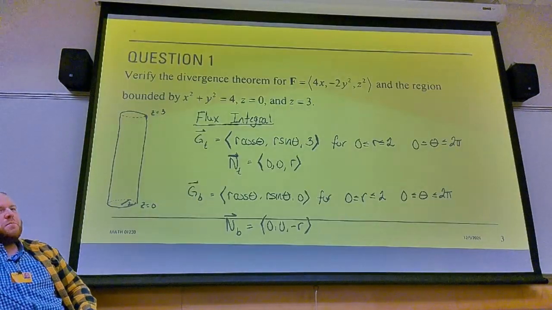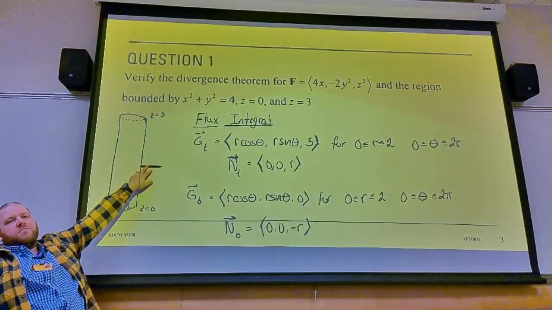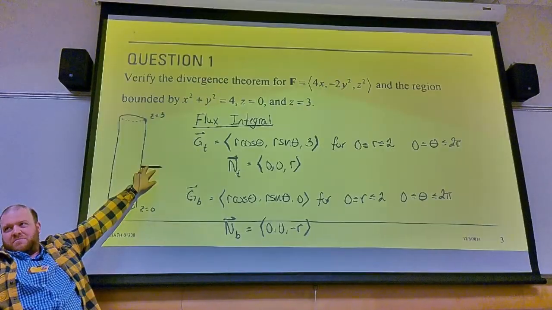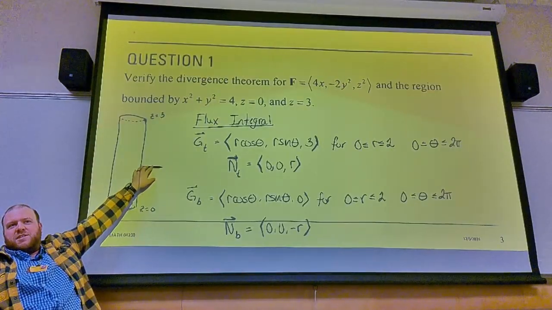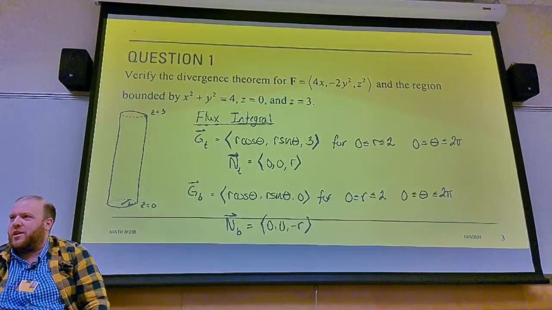It has to be perpendicular, right? What's the z direction? So the z has to be 0, no matter where it is. Imagine they're spinning around. It's never going to be pointing in the z direction to be perpendicular.